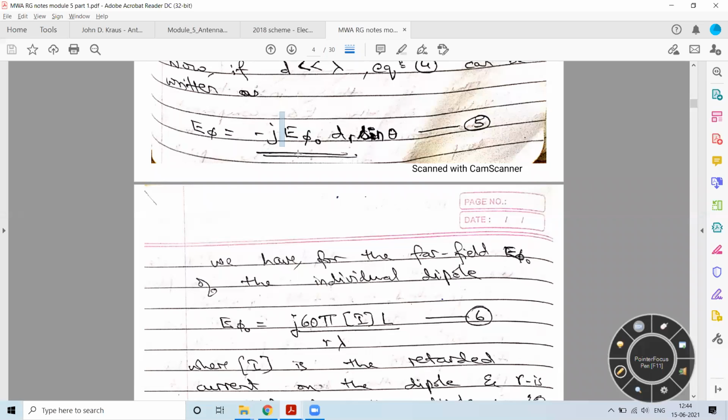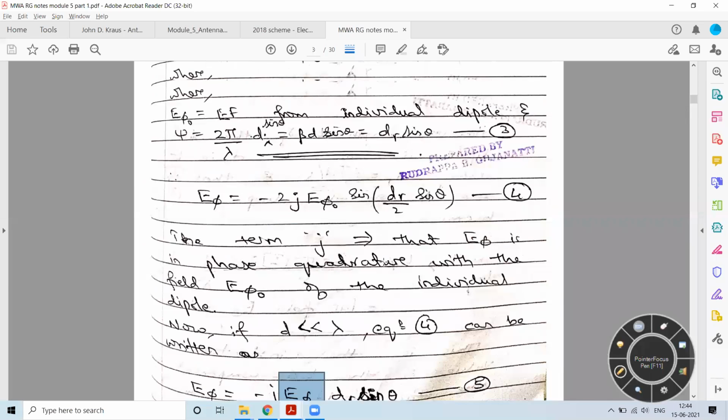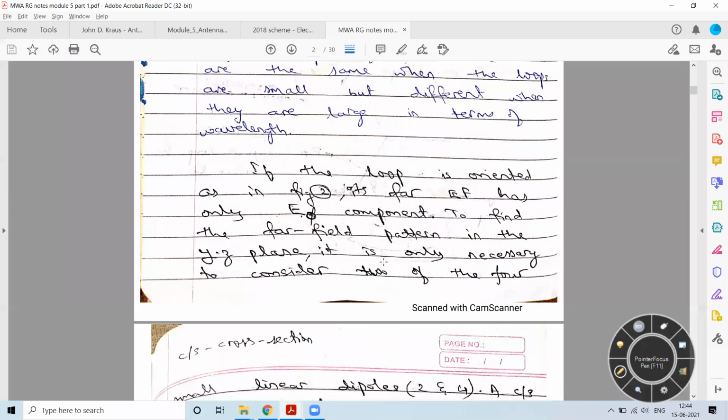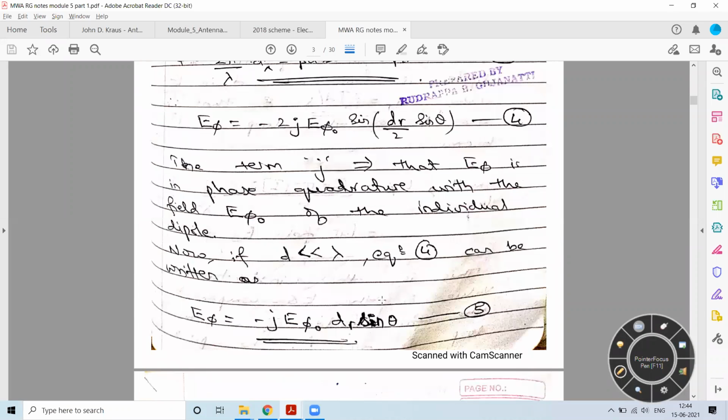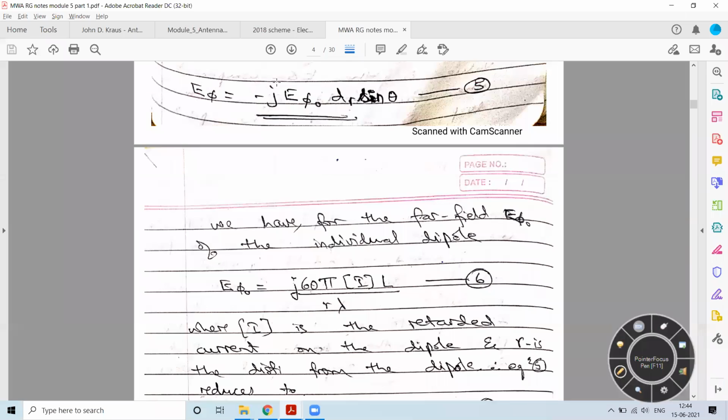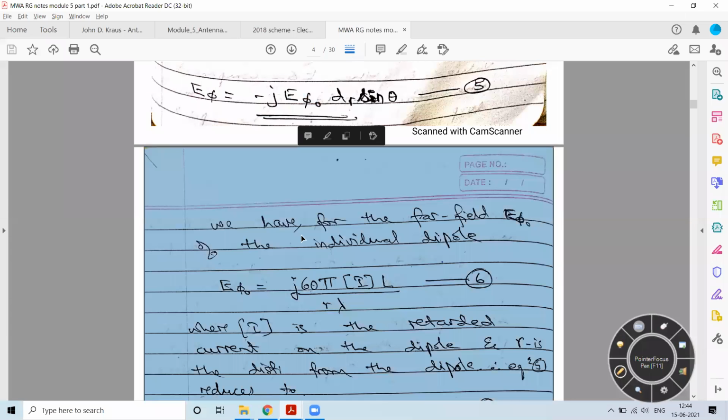Now, once we have obtained the electric field, we can obtain the magnetic field. Previously we had seen the field which is obtained due to a dipole. In the previous session we had obtained the electric and magnetic field due to a dipole. We consider those equations over here, and we can substitute that in this parameter.